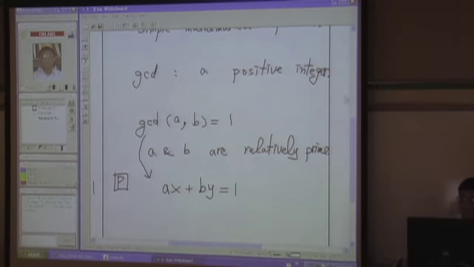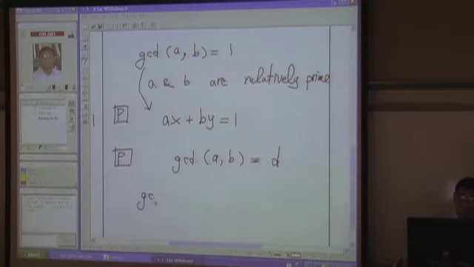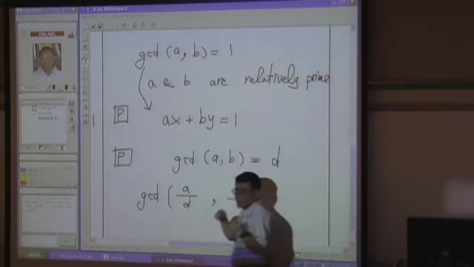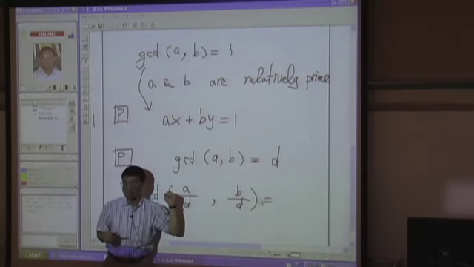The next property. If GCD of A, B is some number, say D, then what is the GCD of A over D and B over D? What is your guess? GCD is D, but if we divide both by D, then what would be the GCD of the numbers? 1, right?